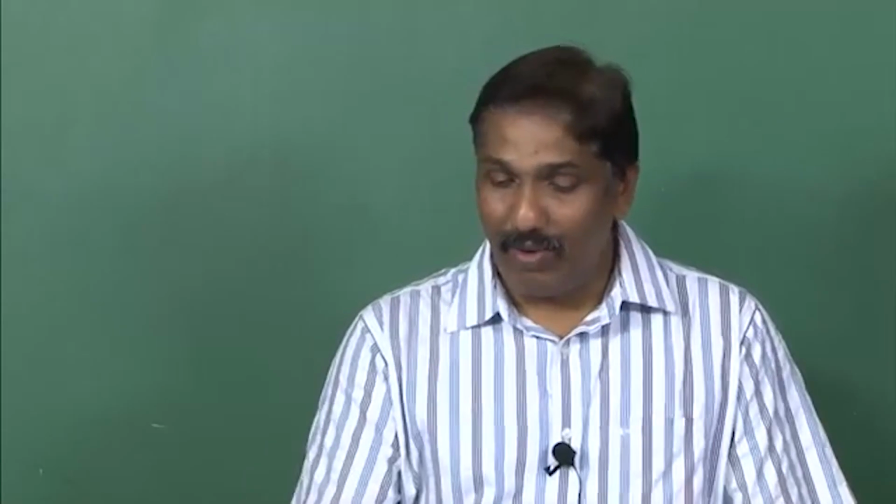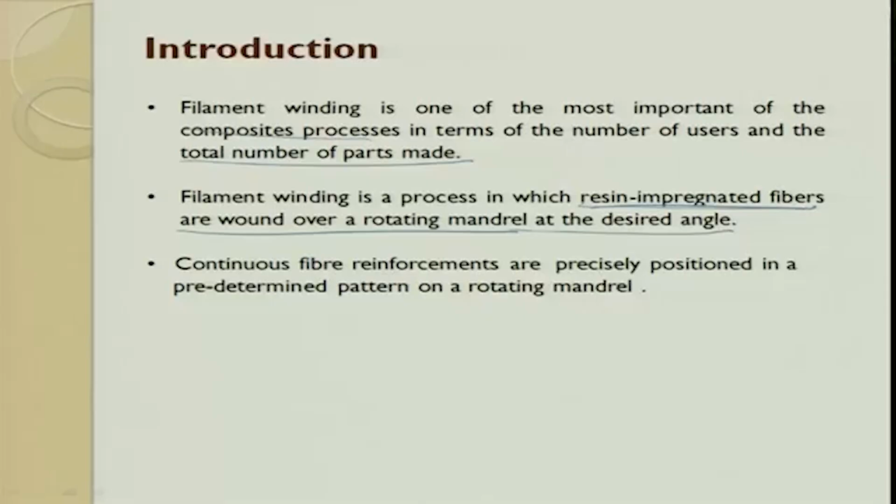I have already talked about resin which is getting impregnated in a fiber. What is a fiber? Fiber is nothing but a long thread, in a very crude fashion. So, this thread is impregnated with resin, and what resin are we talking about? Predominantly this process is for polymers, and as I told earlier, it is very easy for fabrication when using thermosets.